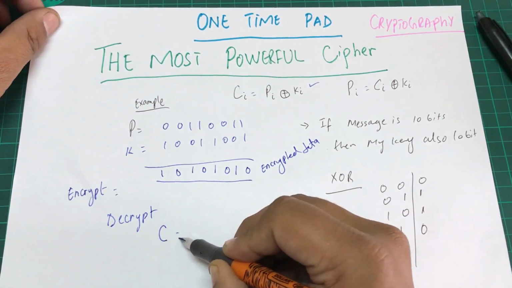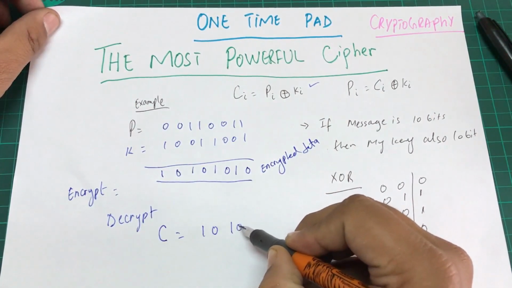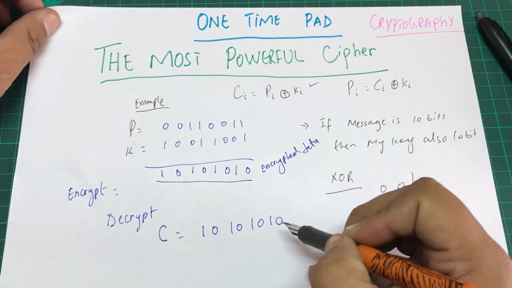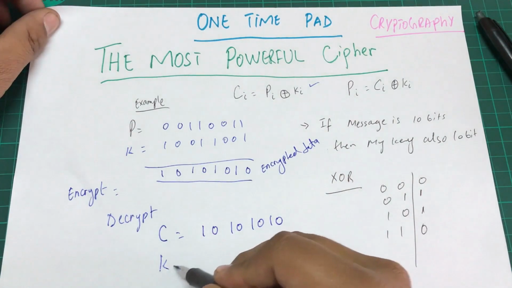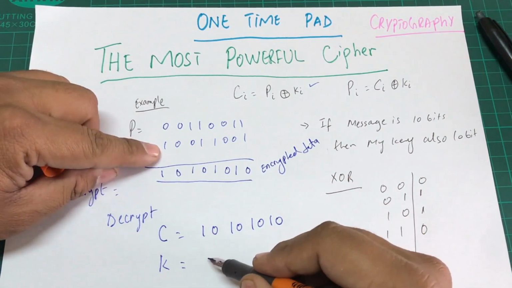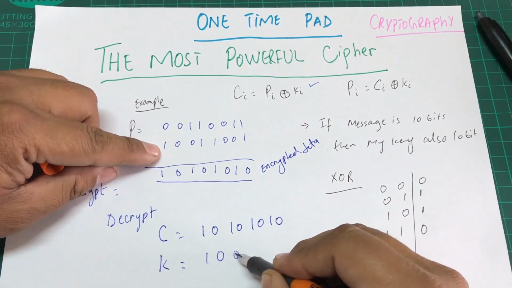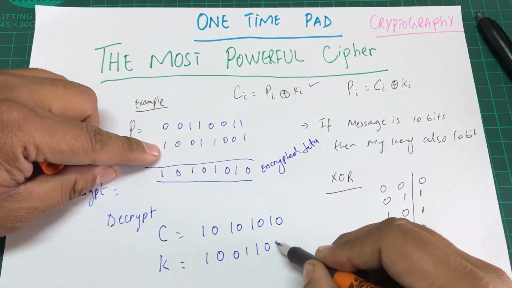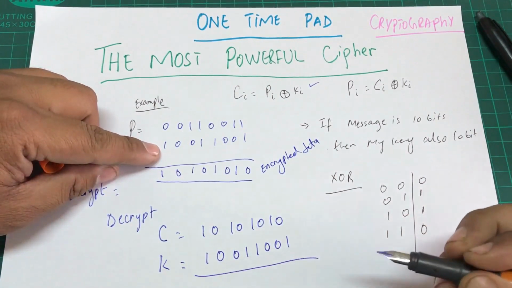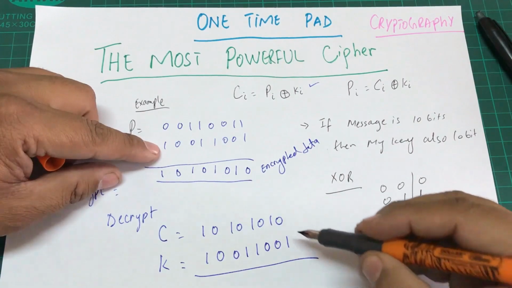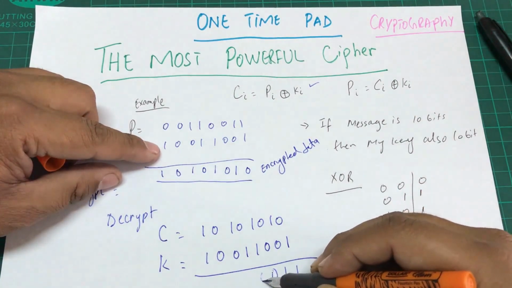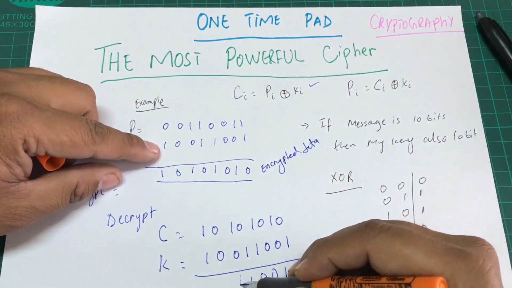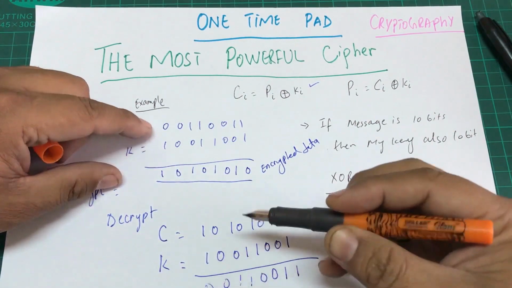So I'll take my ciphertext, which is 10101010, and I'm going to decrypt that using the same shared key, which I'm going to write as 10011001. I'm going to do the same thing and XOR it. So 0 1 is 1, 1, 0, 0, 1, 1, 0, 0.